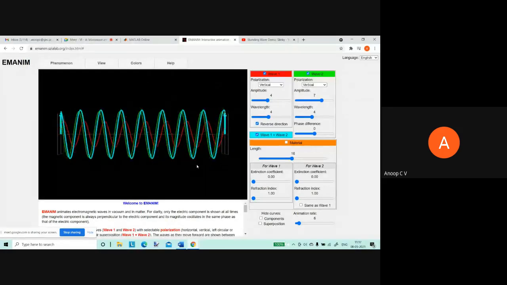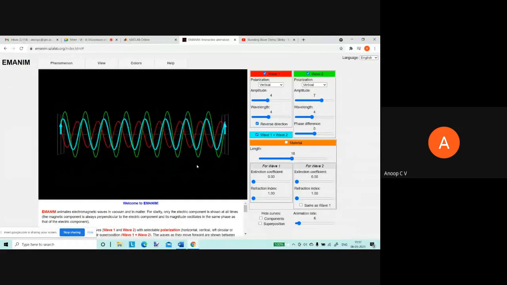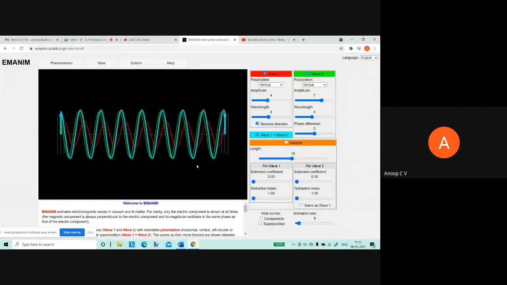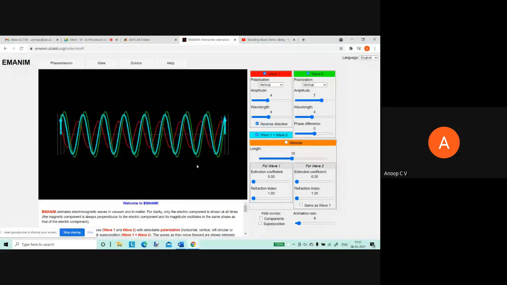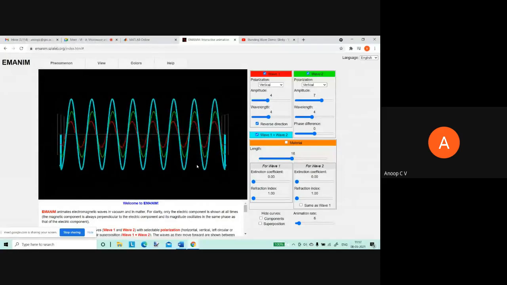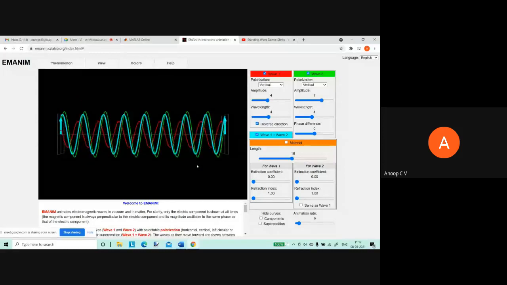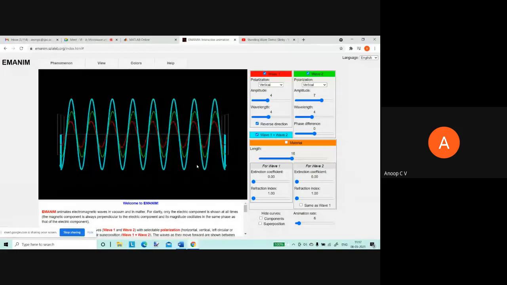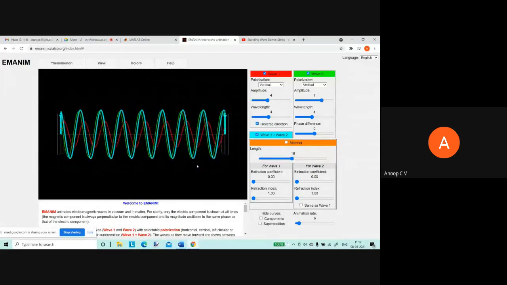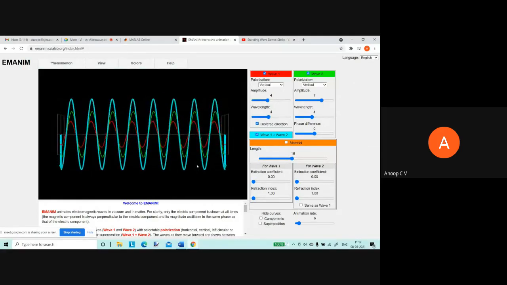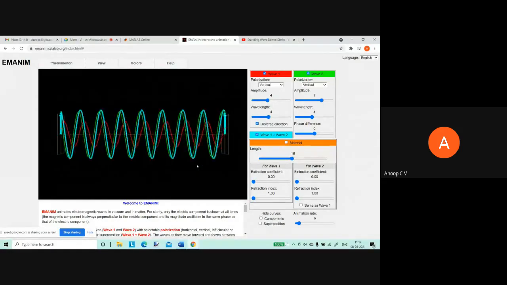But don't get confused. The simulation we are seeing now shows a wave which is a function of time and phase. But whatever maths we had written was only for space; we were not considering the time effect. If we take a snapshot at time t equal to 0, that is what we have seen mathematically.